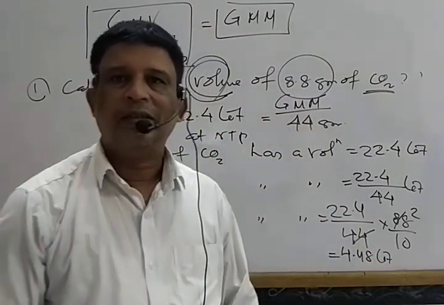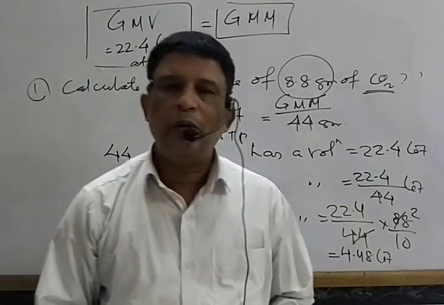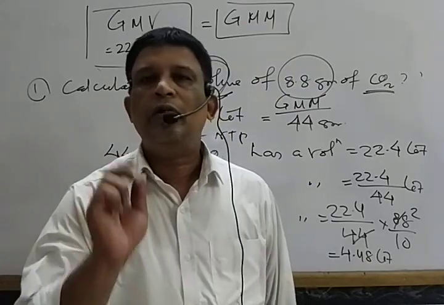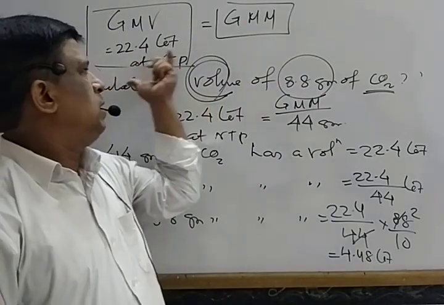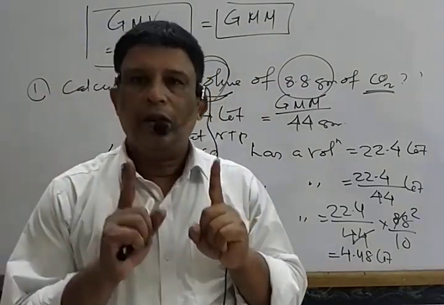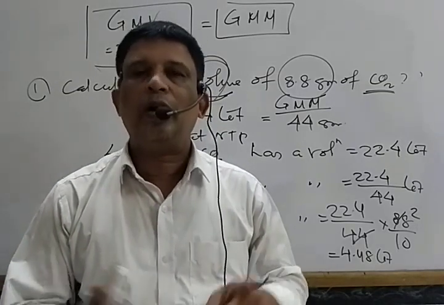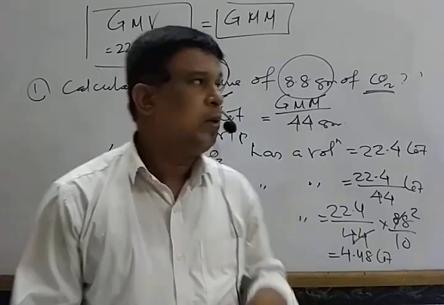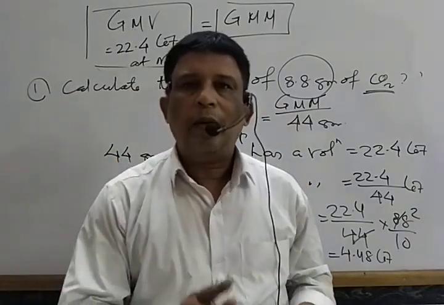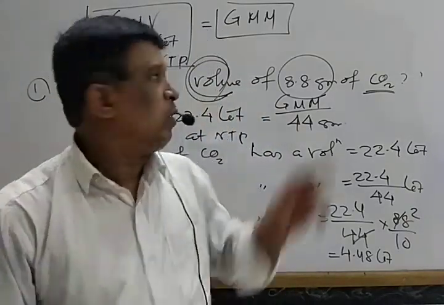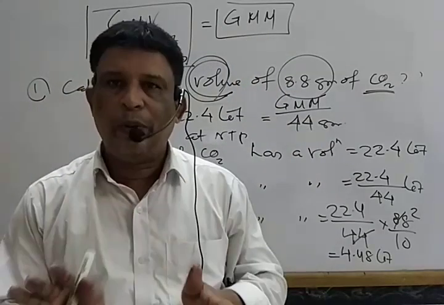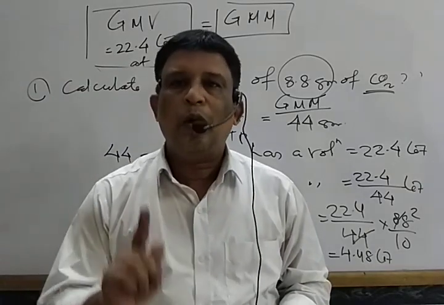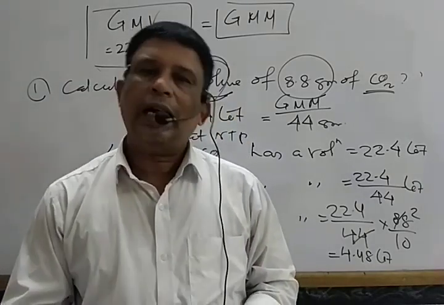Mark the concept. So never confuse, it is not necessary to learn the relationship by heart. Only find out the three terms. One is number, that is Avogadro number of molecules, number of atoms, number of ions, number of electrons, is equal to gram molecular mass. It is not fixed, depending upon the formula. And the last one is gram molecular volume at NTP or STP.